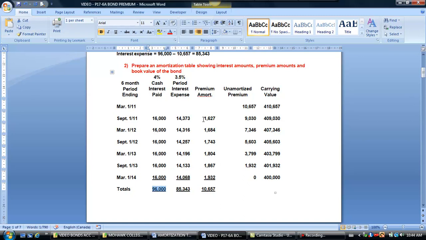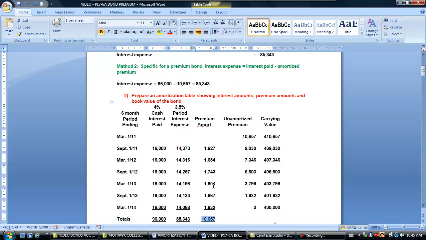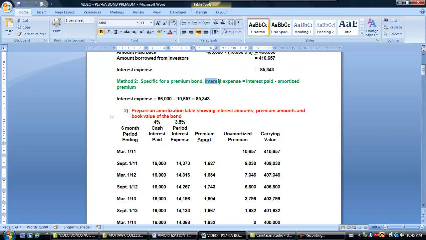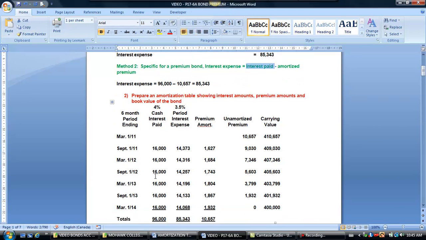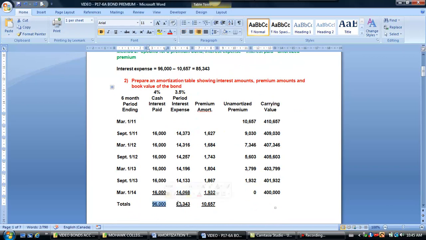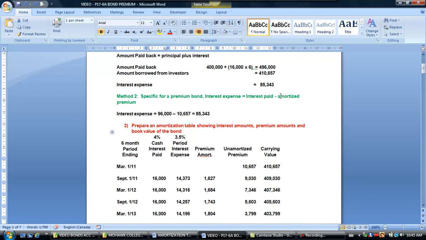And we would have amortized a total of $10,657 in premium. So our interest expense would be equal to the interest paid, which is this amount, less any amortized premium.